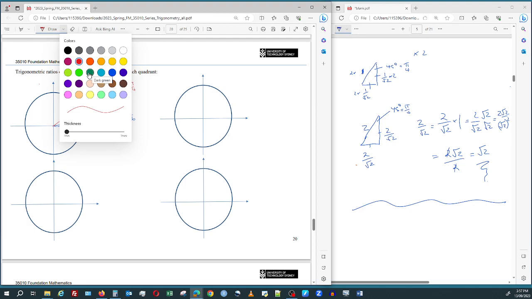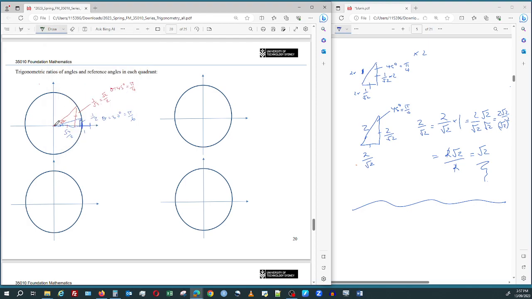Let's get a green one going. And theta is equal to 60 degrees, which is pi on 3. Okay, really get used to that. All right, that's our quadrant 1, as it were.